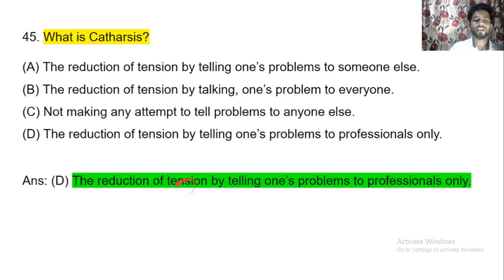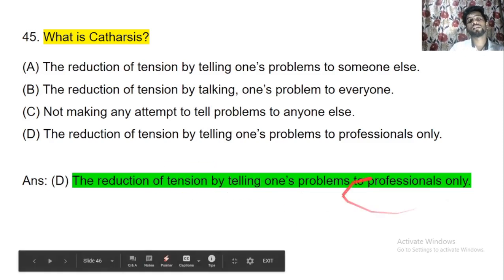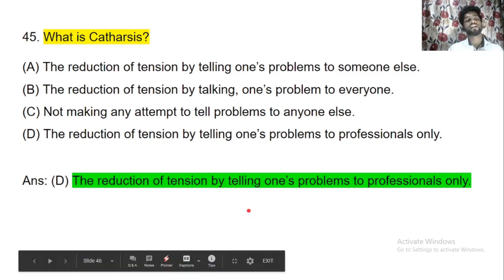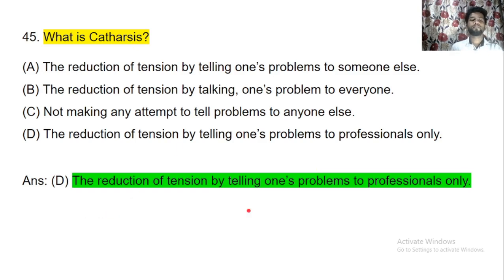It means if the client has a problem and talks with social work professionals, and through this telling they come to a solution, that means they have done catharsis. So catharsis is the reduction of tension by telling one's problem to professionals only. So this will be your answer D.